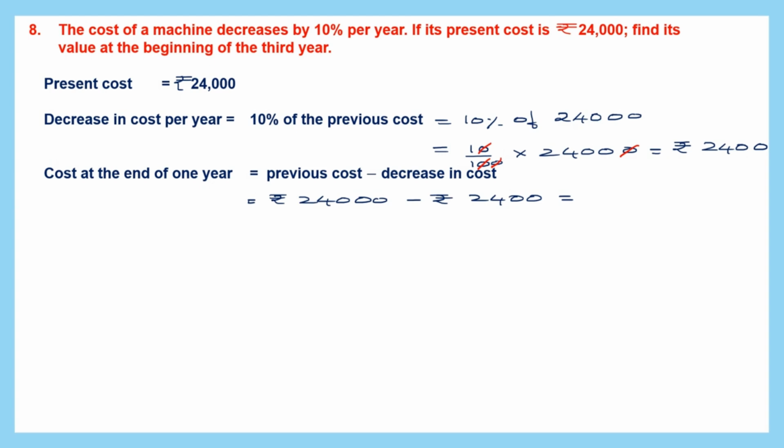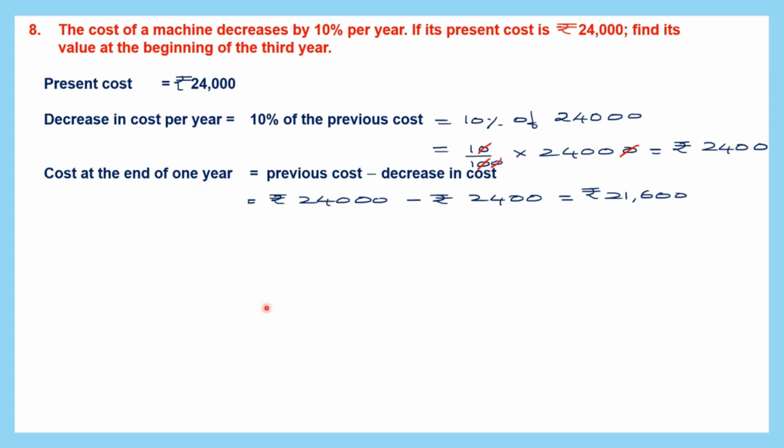So when you subtract these two, you get 21,600 rupees. So can you see, at the beginning of the year it was 24,000 rupees. Then the cost reduced by 10%, that is 2,400, and now at the end of 1 year it is 21,600. Now we have only found for 1 year.